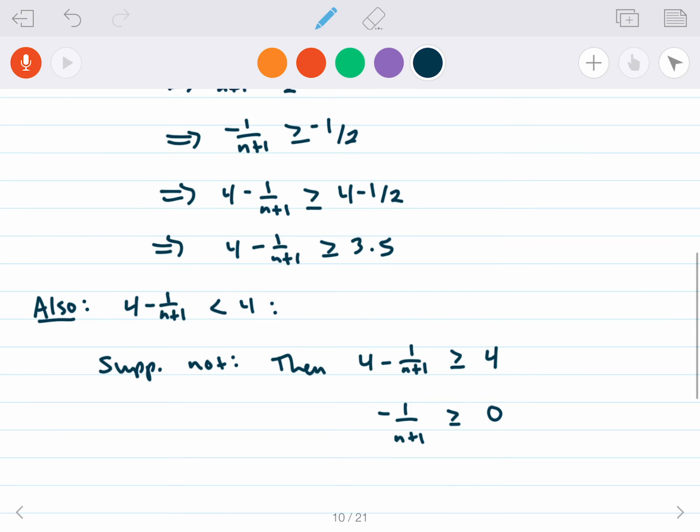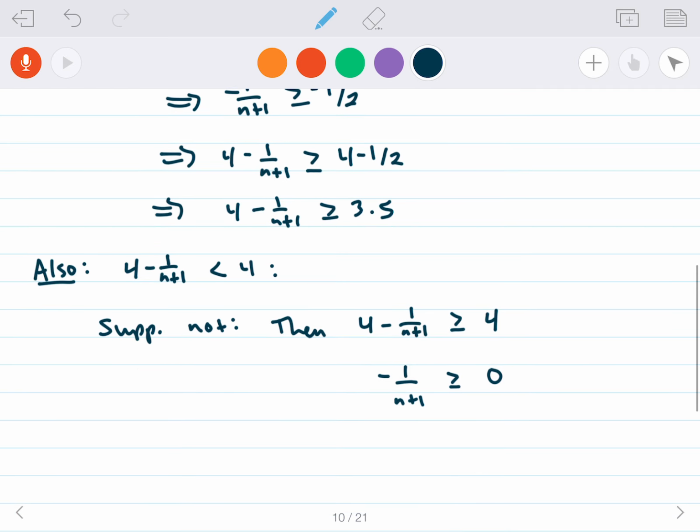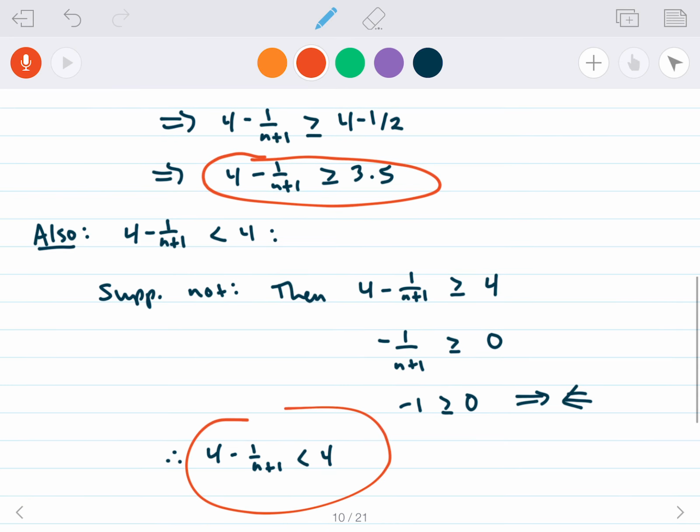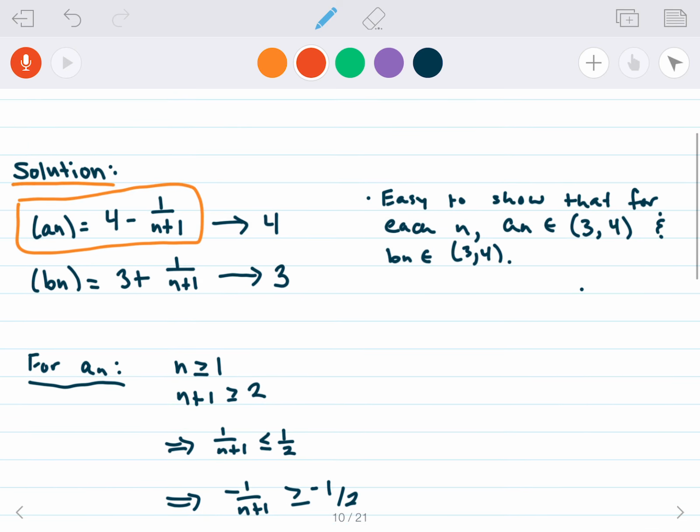We can multiply by n plus 1 since it's always positive, and we end up getting negative 1 is bigger than or equal to 0, which is a contradiction. And so 4 minus 1 over n plus 1 is less than 4. It's greater than or equal to 3.5, but less than 4, so it's in the set 3, 4. And you can do the same thing for b sub n.